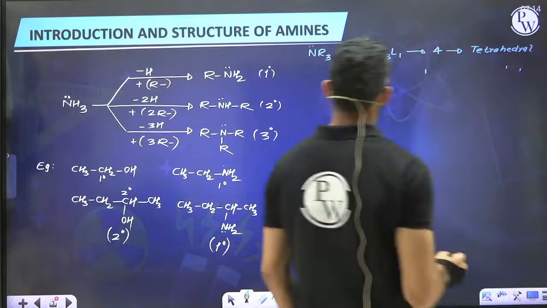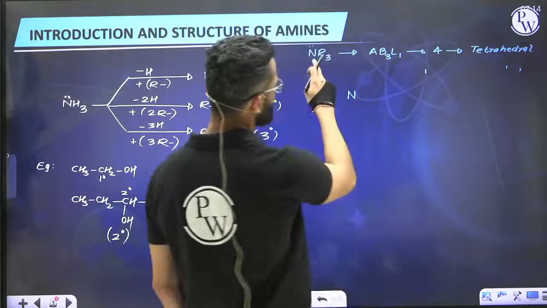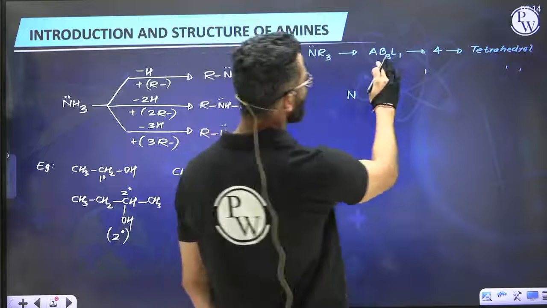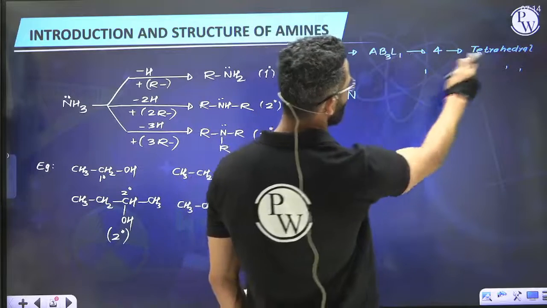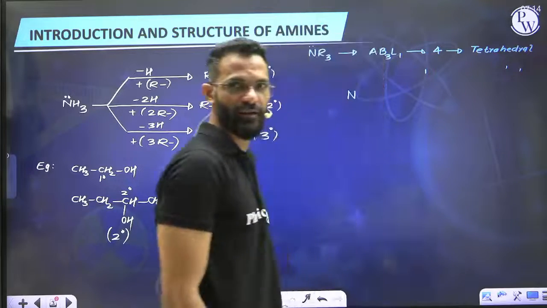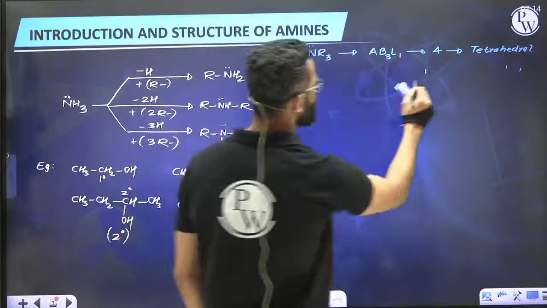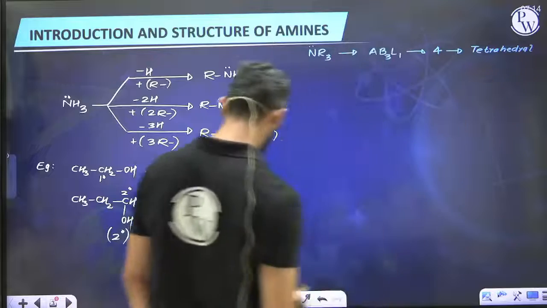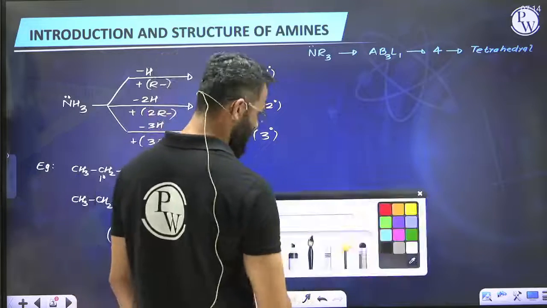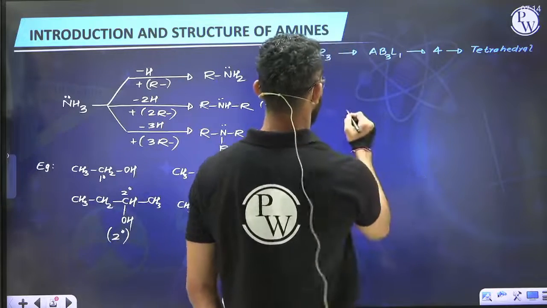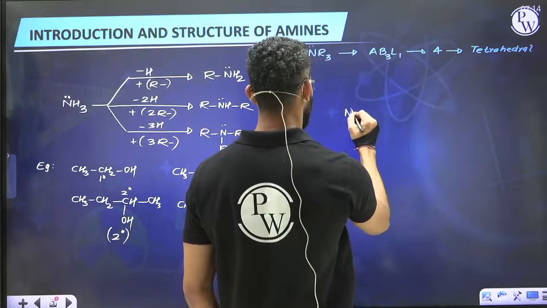Which means when you talk about the central atom nitrogen, the 4 electron pairs will be oriented at the 4 corners of tetrahedral geometry. If I have to put those electron pairs at the 4 corners, we will end up drawing them like this. So that's going to be nitrogen.